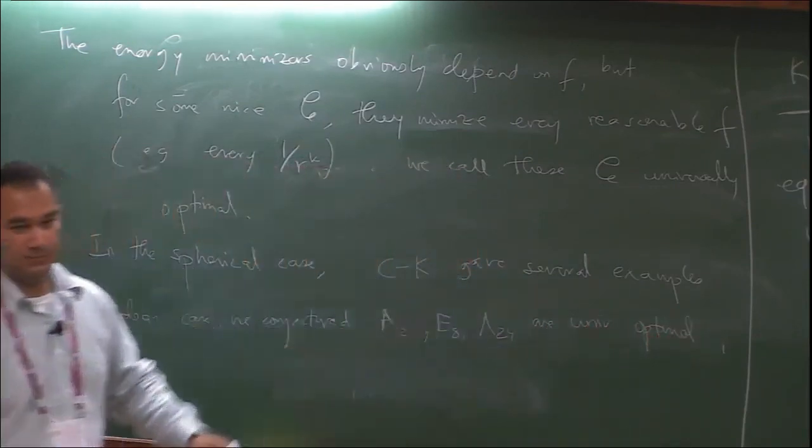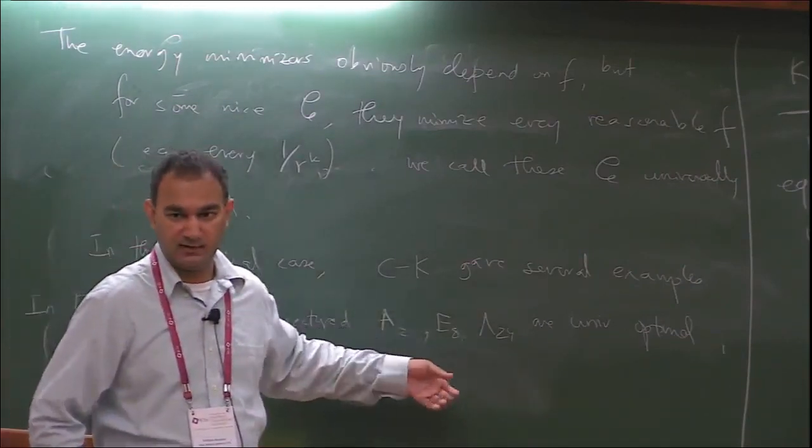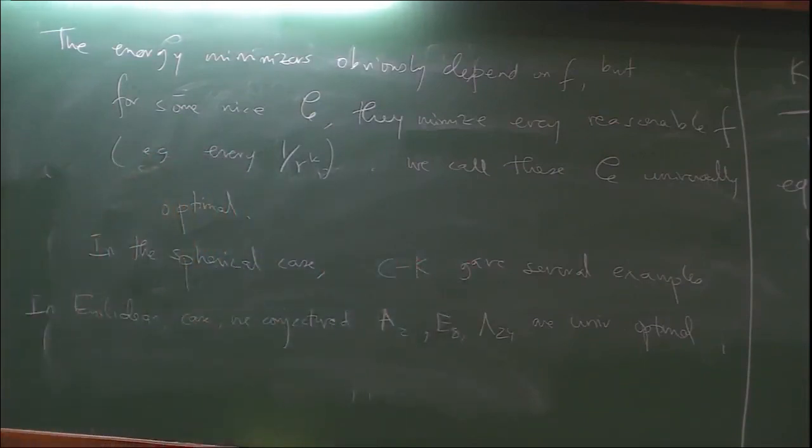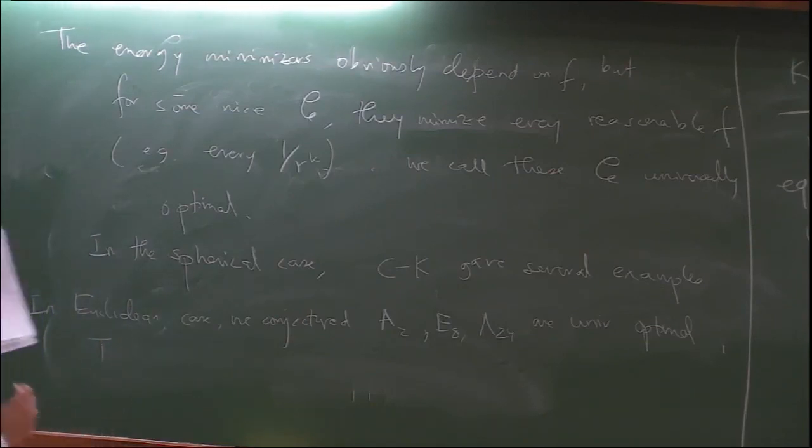So A2 is universally optimal in 2 dimensions, E8 in 8 dimensions, and Lambda 24, the Leech lattice, in 24 dimensions. Note that D4 is not on this list. Well, actually, I should say, we don't know that it's universally optimal. I don't think we know a counterexample.